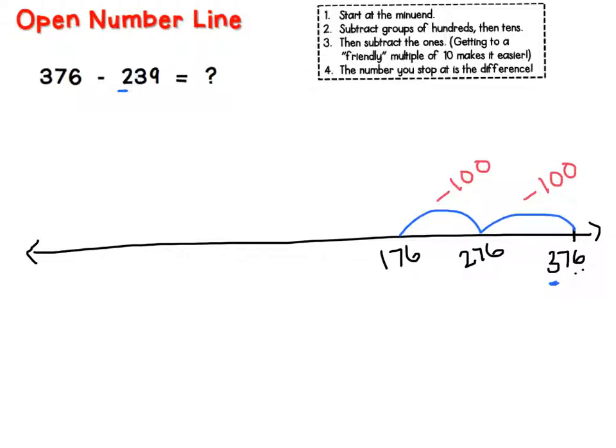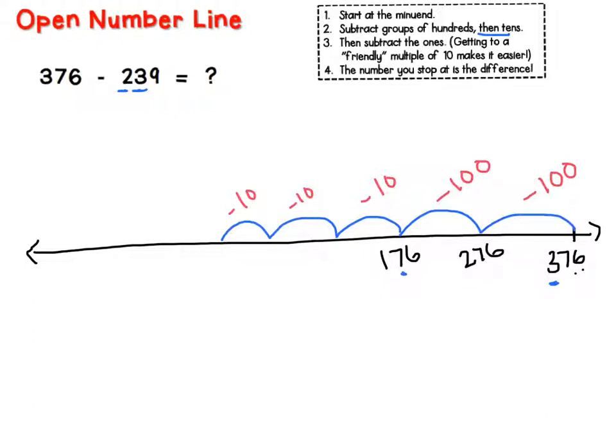And I've taken away all my hundreds, so now I'm ready to look at my tens. This subtrahend tells me to take away 3 tens. Let's make our 3 10 jumps. 1, 2, 3. So my digit in the tens place is the only one changing now because I'm taking away 10 here, 10 here, and 10 here.